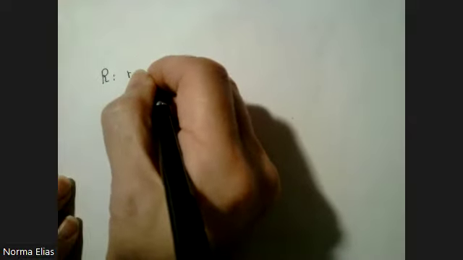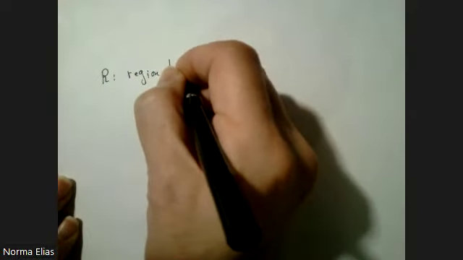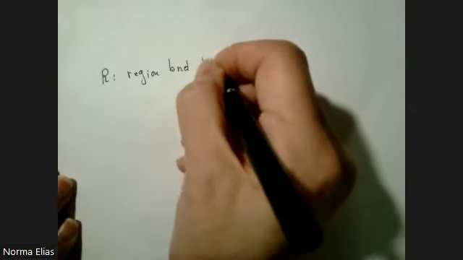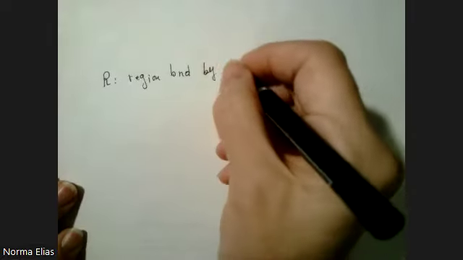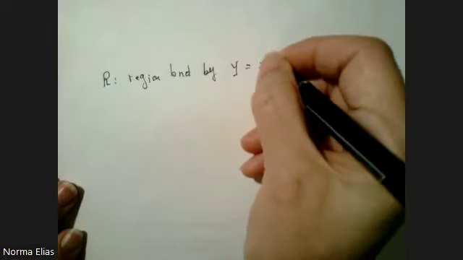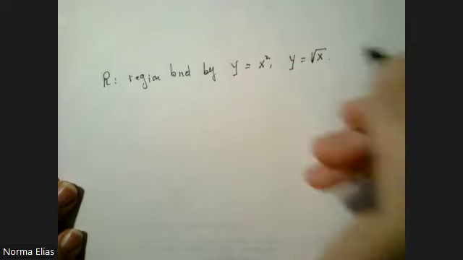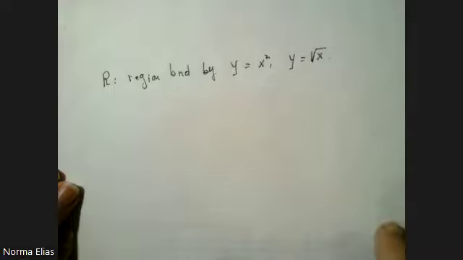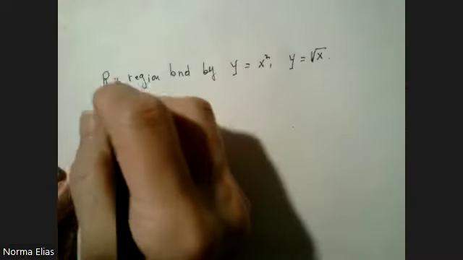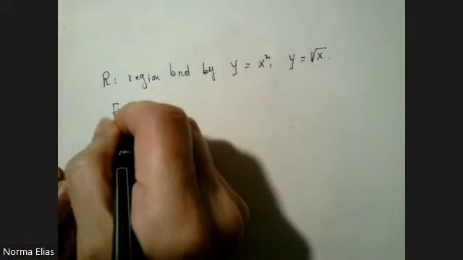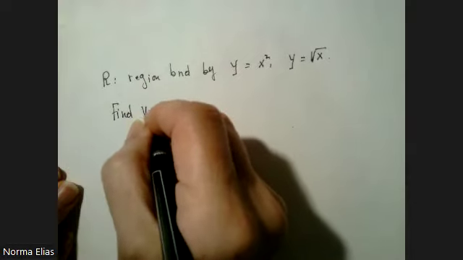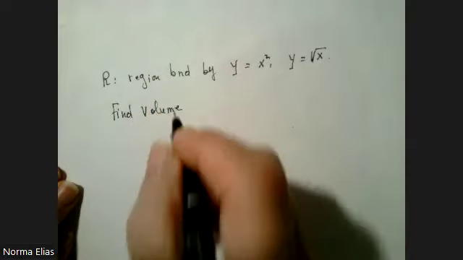So let's see, R is the region bounded by y equal x squared, and let us say y equal root x. And the question is, find the volume using the shell method. Everything is the shell method for now.